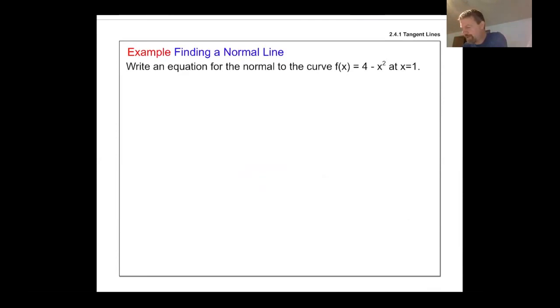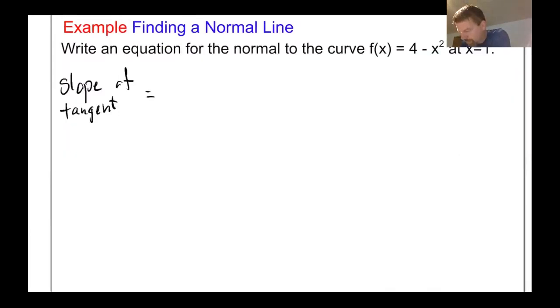An example of finding the normal line. I want to find the equation for the normal to the curve of 4 minus x squared at x equals 1. So we're just going to go through everything we did before. We can find the slope of a tangent, and that equation again is a limit function: the limit as h approaches 0 of f of a plus h minus f of a all over h.